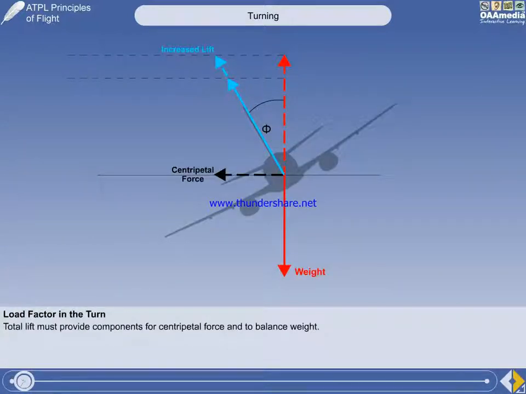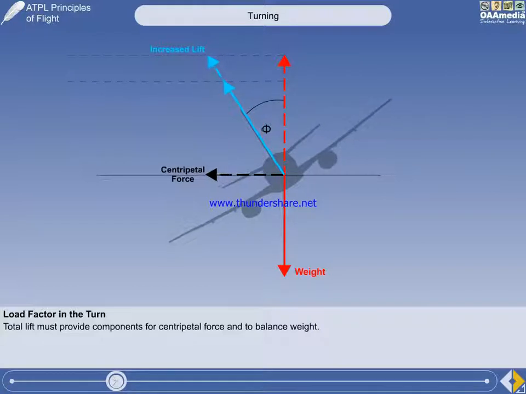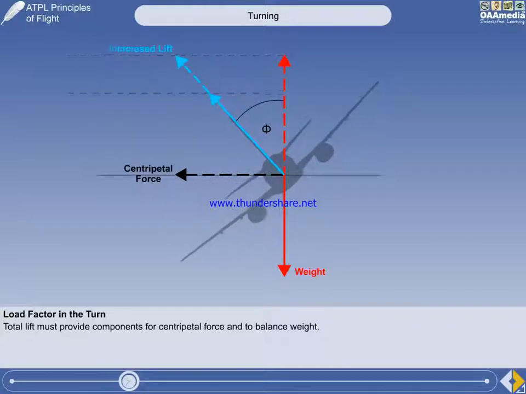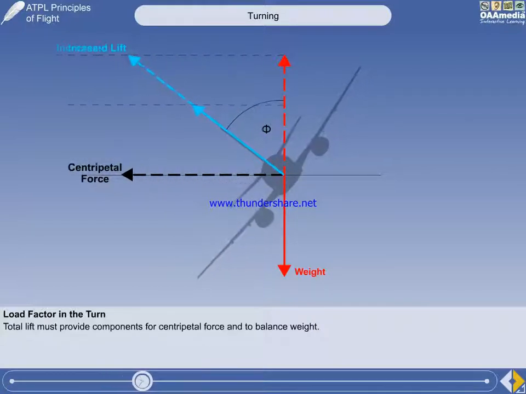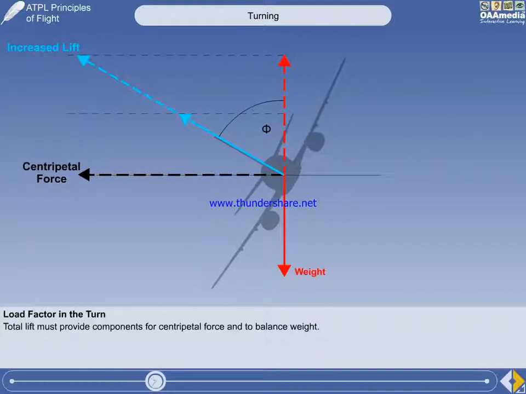As you have already seen, in a banked turn, the lift must be increased to provide not only centripetal force from the horizontal component, but also a vertical component sufficient to balance the weight. As bank is increased, the total lift required, and thus the load factor as well, must increase to maintain the vertical component's value for a level turn.